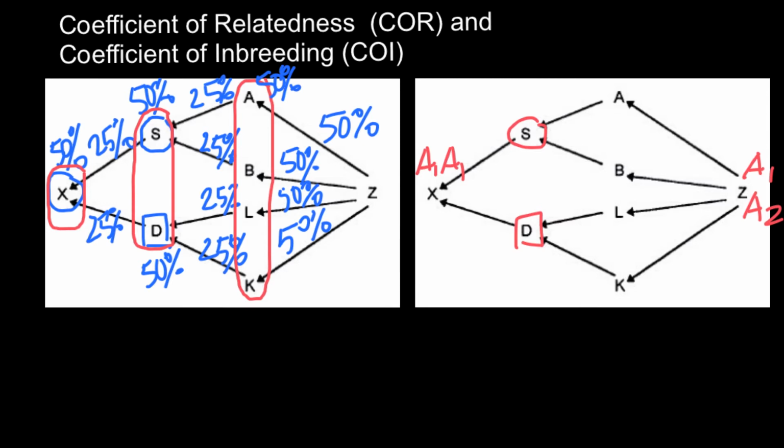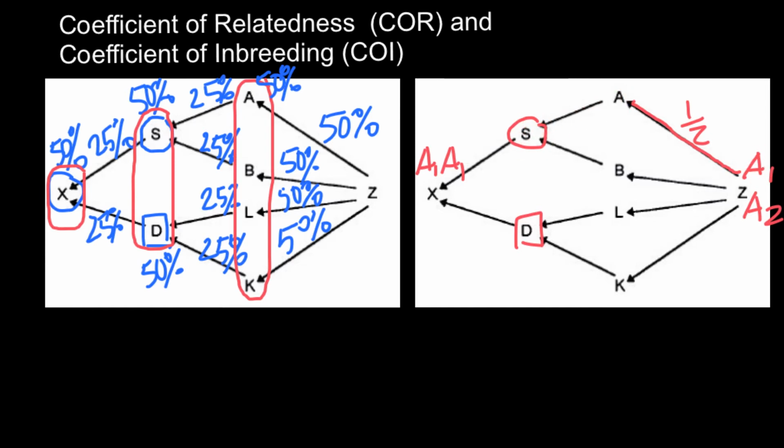So let's find the probability for individual X to be homozygous for two same alleles. The probability that individual A would inherit allele A1 would be 1/2, whether this individual may inherit A1 or A2. So 50% probability that this individual would inherit A1. And if this individual has the A1 allele, what is the probability that it would pass exactly the same allele to its progeny S?